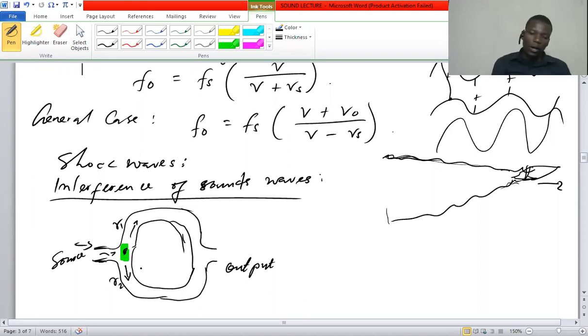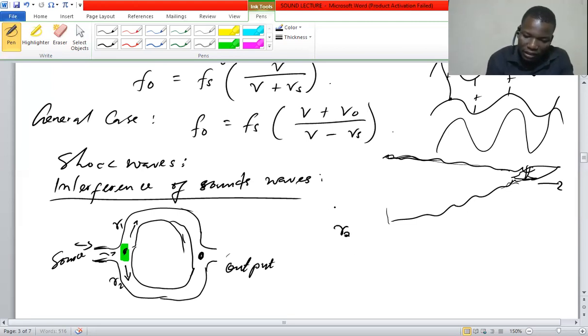When it reaches here, it has to recombine. So when it recombines, the sound that you hear here will either be constructive or destructive. Provided that these distances are the same, you are going to have a constructive outcome, a constructive wave of sound coming out here. And now you can calculate the path length difference.